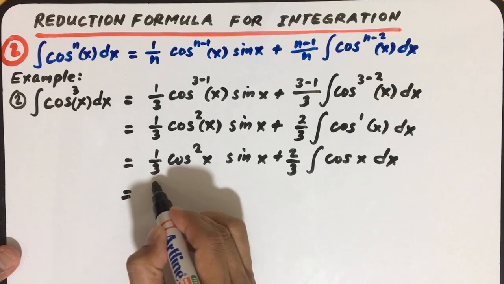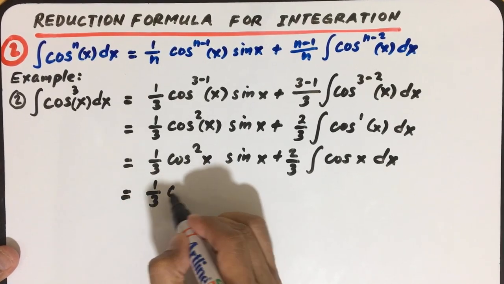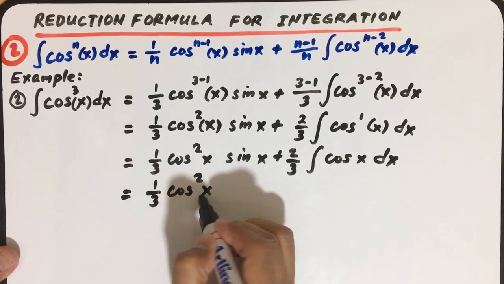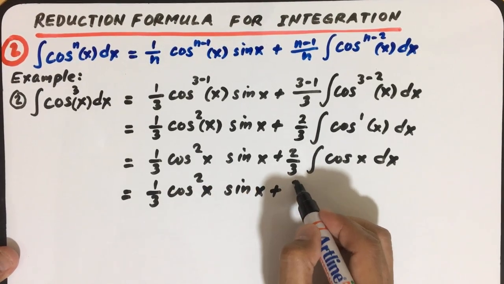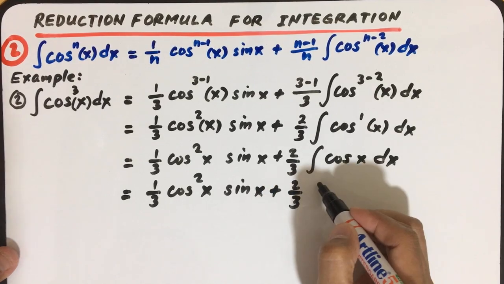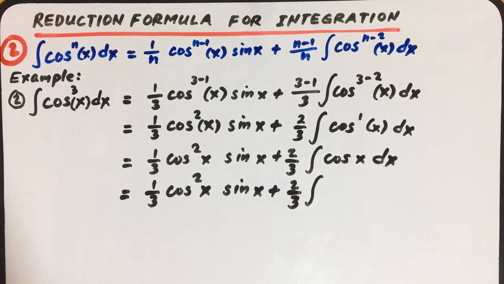So equal to 1/3 cosine squared x times sine x plus 2/3 times the integral of, what is the integral of cosine x?